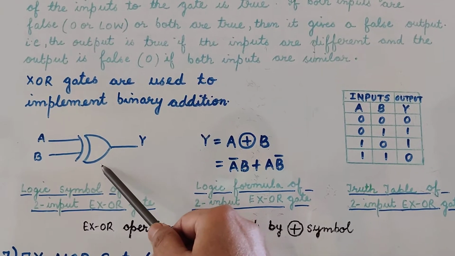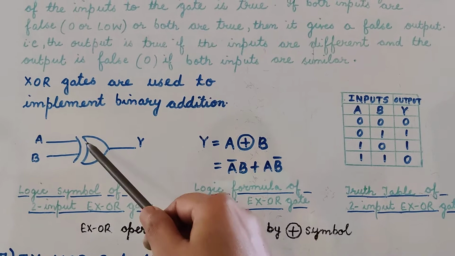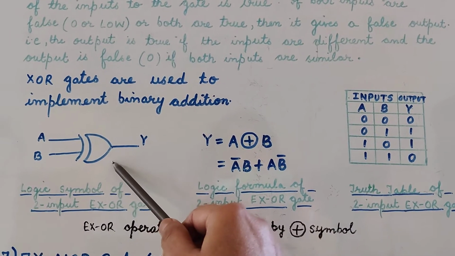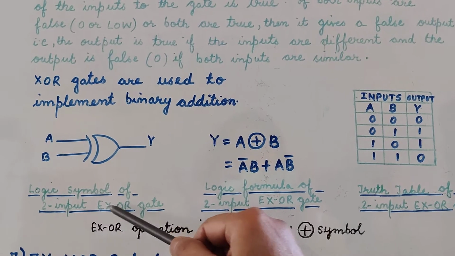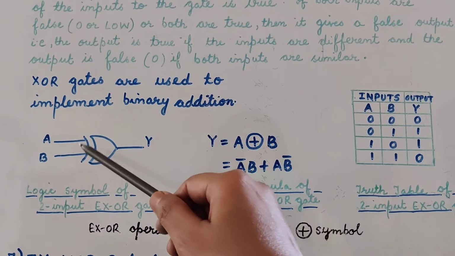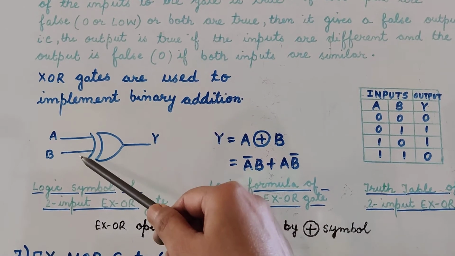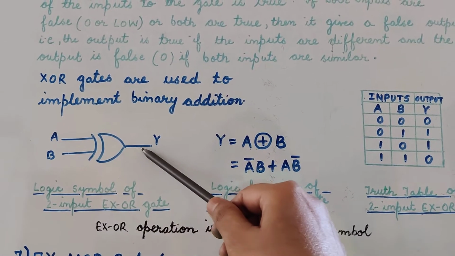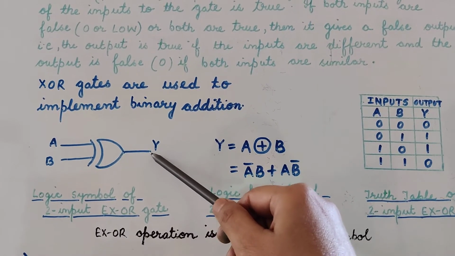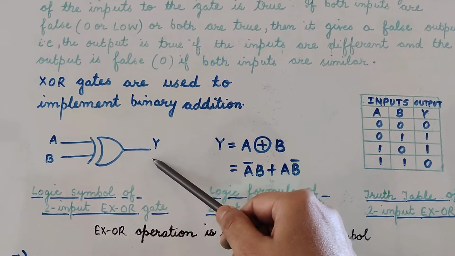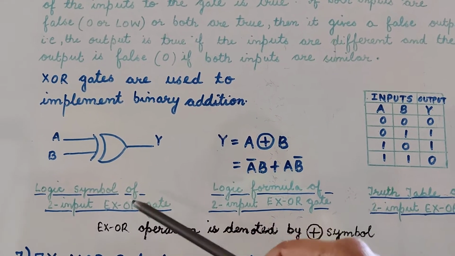So if we want to draw the logic symbol of 2 input XOR gate, we will draw this logic symbol which represents an XOR gate, and since it is a 2 input XOR gate, we will show 2 inputs which have been denoted here by A and B, and since there is only one output, we have considered this output as Y. So this is the logic symbol of 2 input exclusive OR gate.